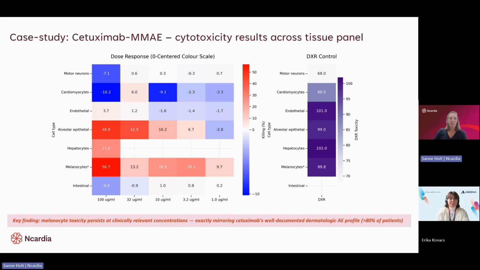The other tissues came back as no reactivity, which actually linked very nicely to the EGFR expression. If we then dilute down and we go to the right side of the heat map, we actually see that for all the different cell types, the tox disappears, except for the melanocytes, where we still, at the lowest dose, remain about 10% toxicity.